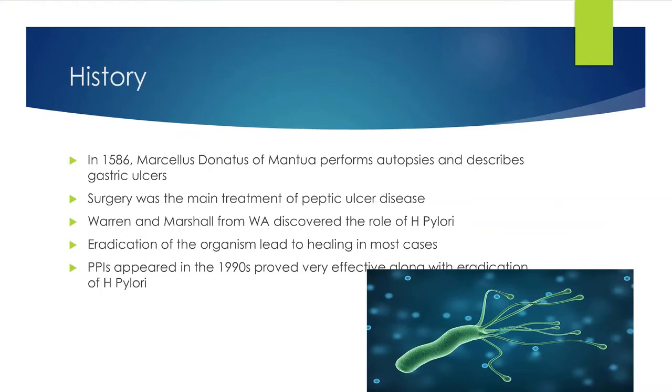And gastrin released in the circulation acts as a hormone which will go and work on the parietal cells in the body of the stomach to produce excessive hydrochloric acid.